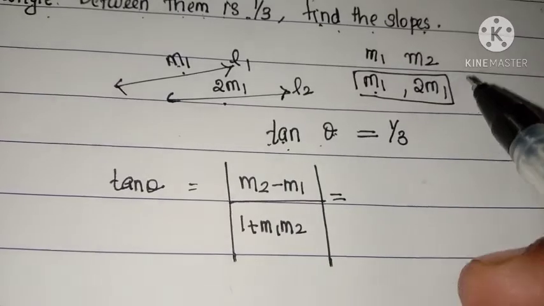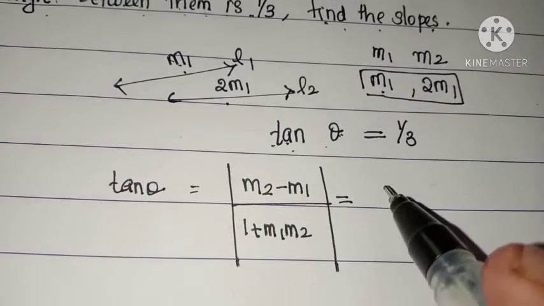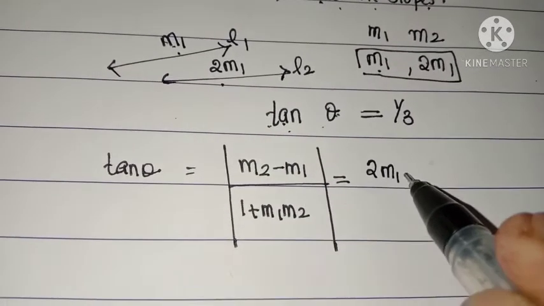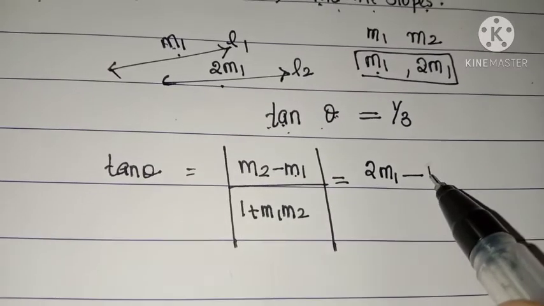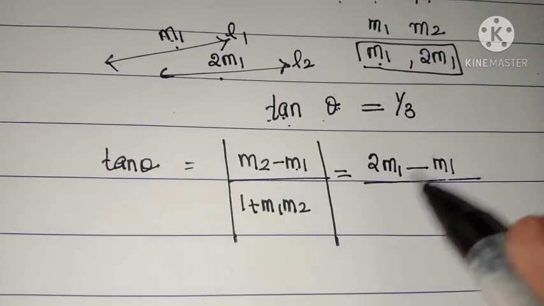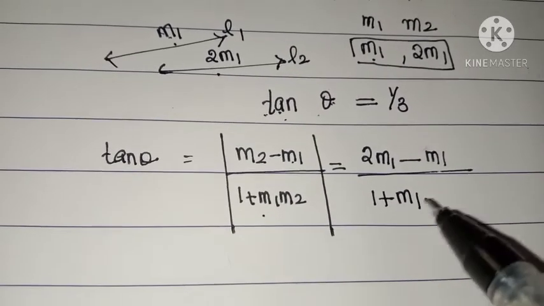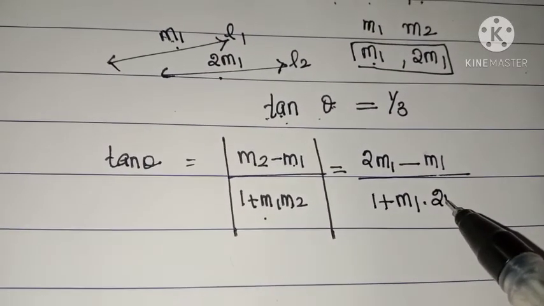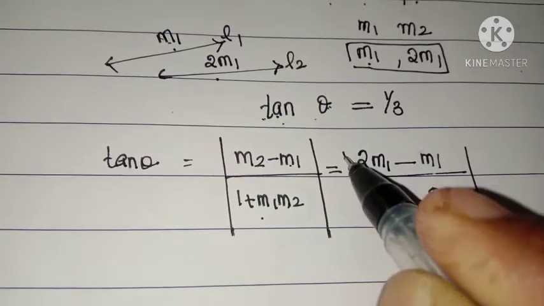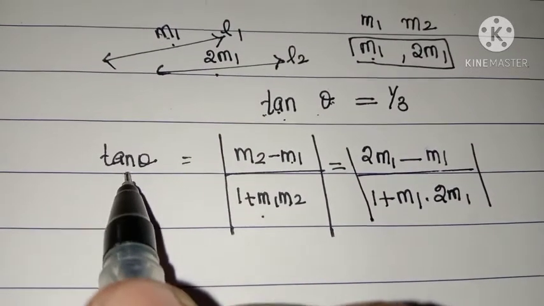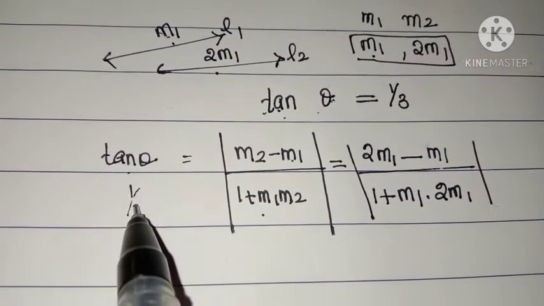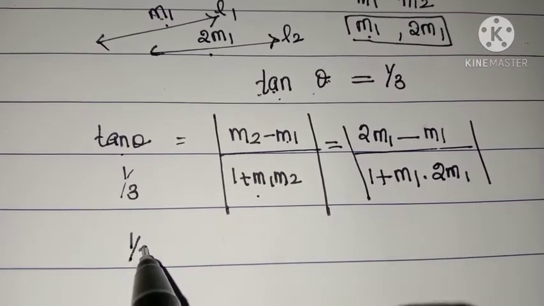What is m2? Actually, m2 is 2m1. So 2m1 minus m1 divided by 1 plus m1 into m2, and m2 is 2m1. Now, tan theta is equal to 1 by 3, so the left side is 1 by 3.